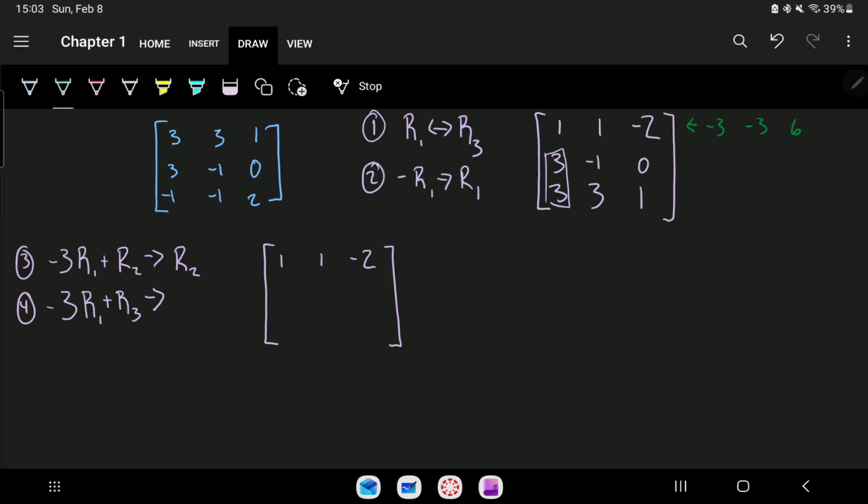So 3 plus -3, that's going to give us that 0 we were looking for. -3 plus -1 would be a -4, and 6 plus 0 is 6. Likewise, we have -3 plus 3 is 0, -3 plus 3 is 0, that cleared out both of them, that's pretty nice, and 6 plus 1 is 7, right?